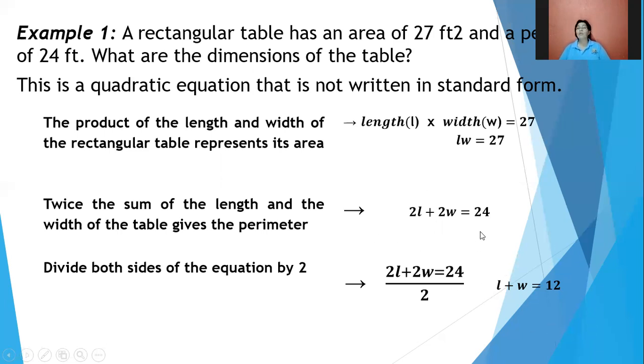We now have two equations: LW is equal to 27, and L plus W is equal to 12.